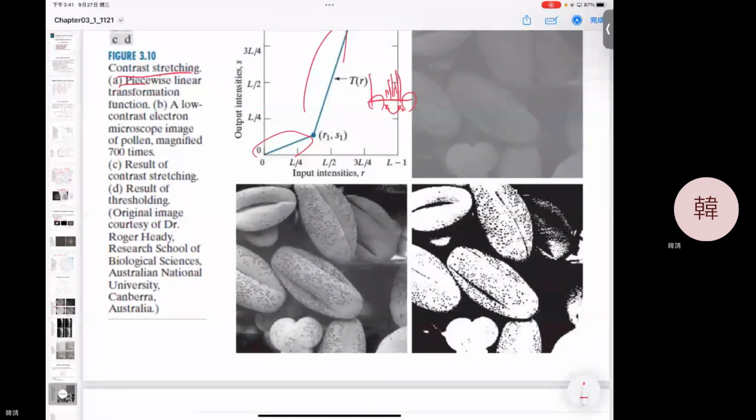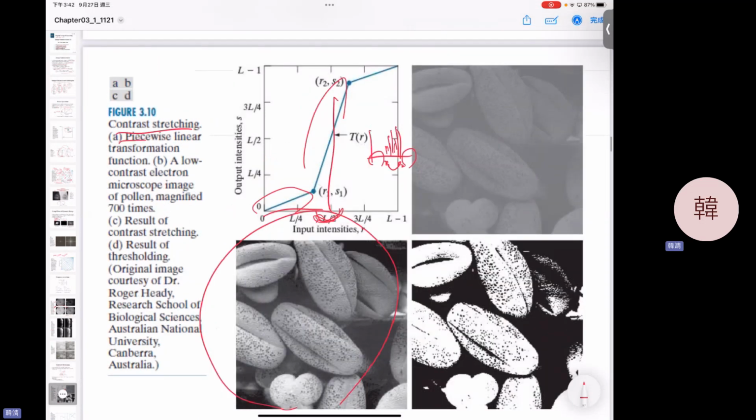See? As long as you look at the image, you know how to play with it. Because they focus on a very specific range of intensity level, I just stretch this small local segment into a very dynamic contrast. If you try to make it the highest contrast, this one becomes like this shape.